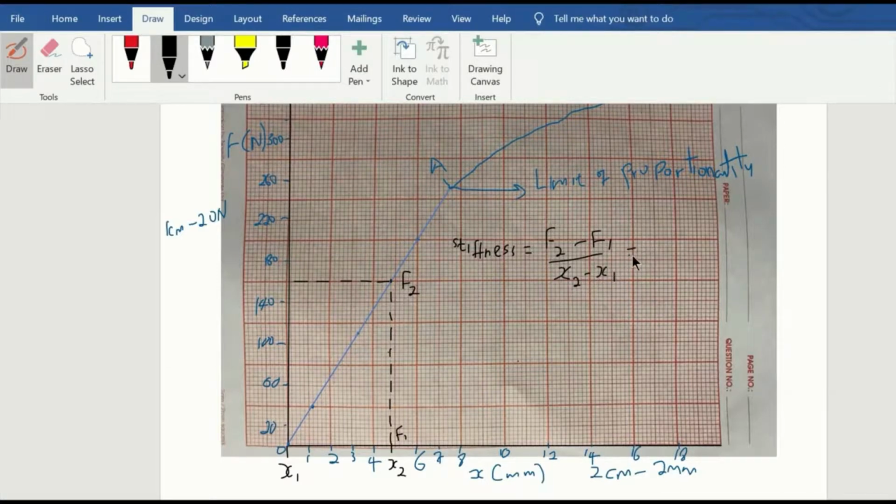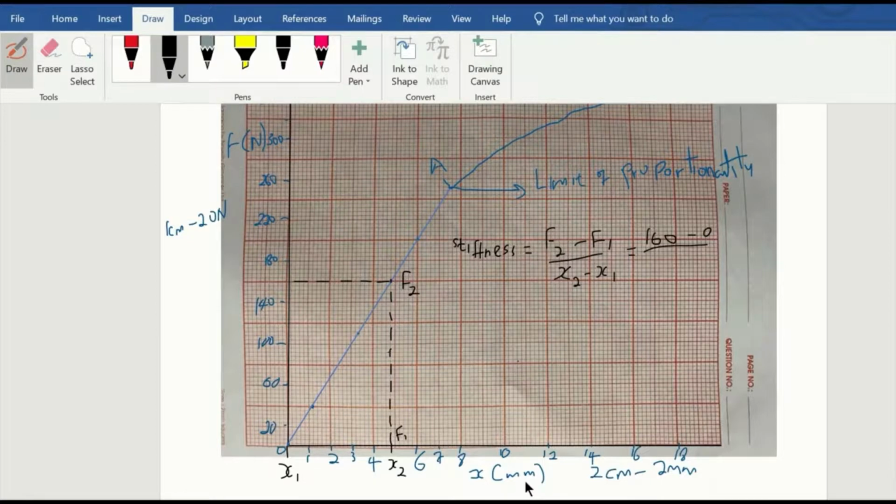Now my F2 goes to the y-axis, which is the force, which is 160, minus my F1, which is 0. My X2 goes to the x-axis, here is 4.8. Remember, it is 4.8 millimeters.